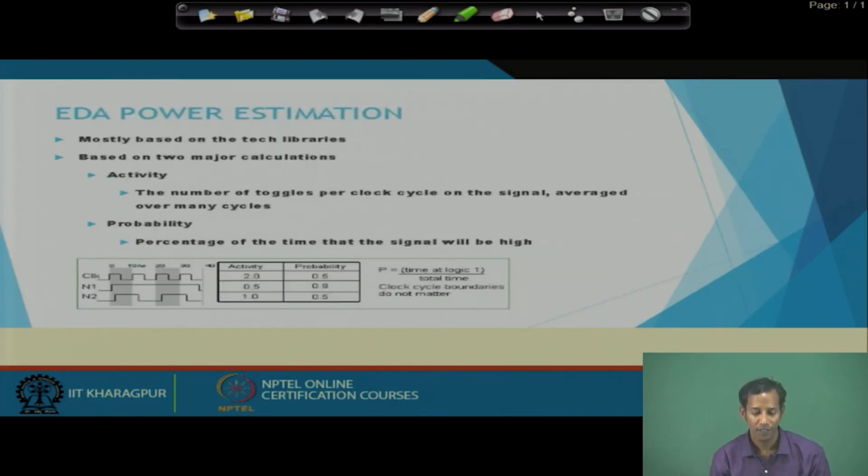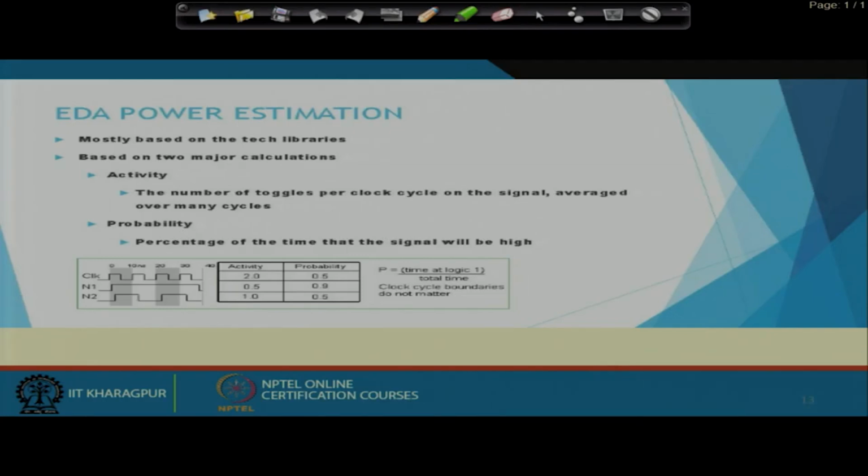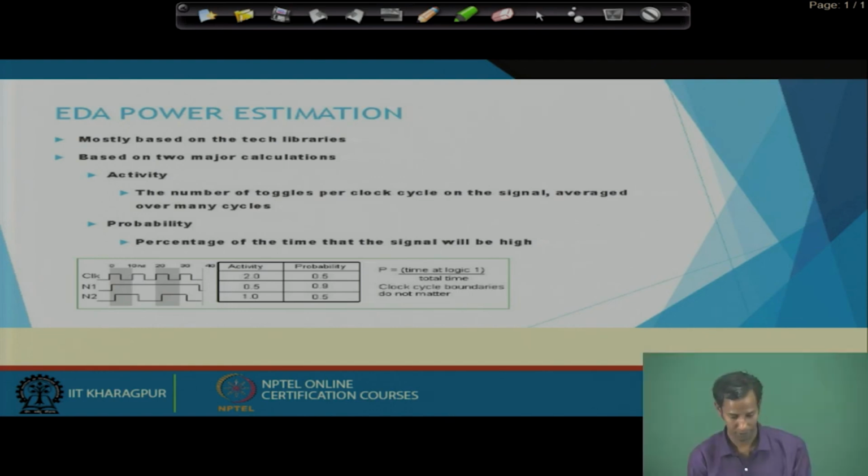The power estimation is mostly based on the technology libraries. That means how an EDA tool estimates the power: mostly it is based on the technology library and on two major calculations. One is activity and the second one is probability.